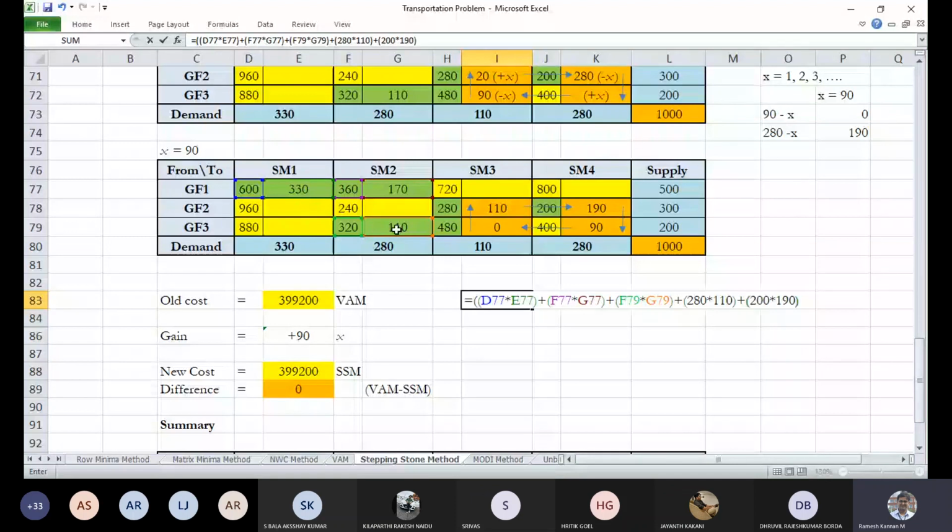If I include that, it will become a 7th allocation, which is not possible, right? So we'll discard this. It's almost unallocated.